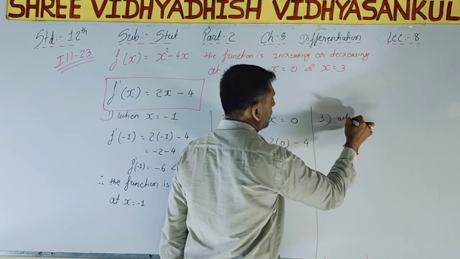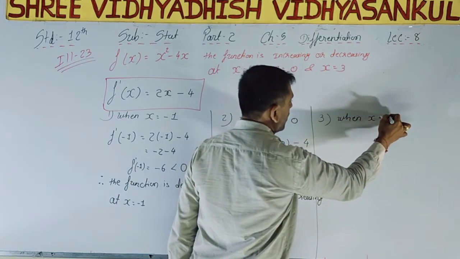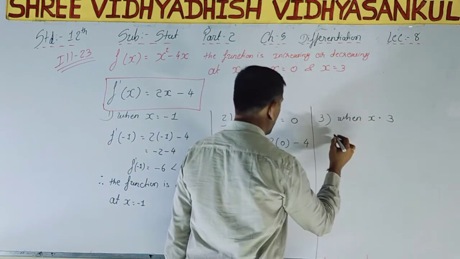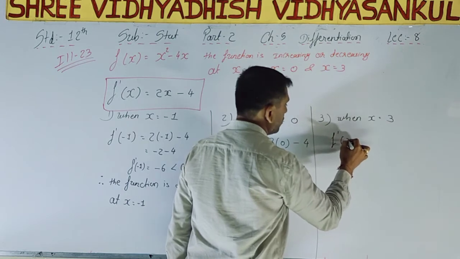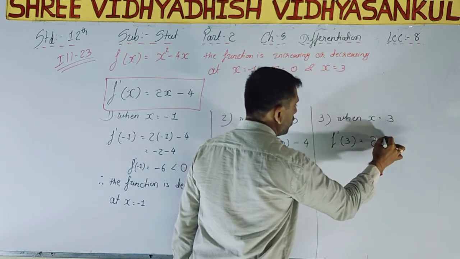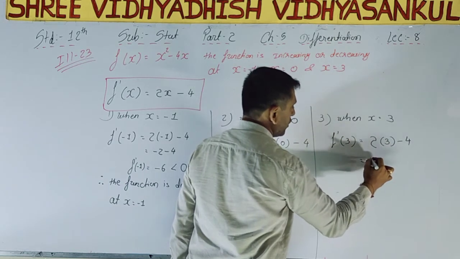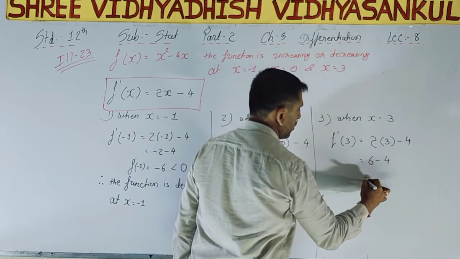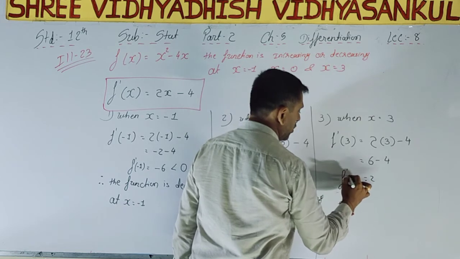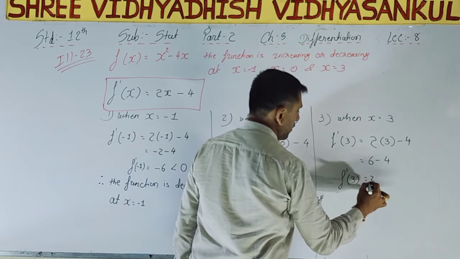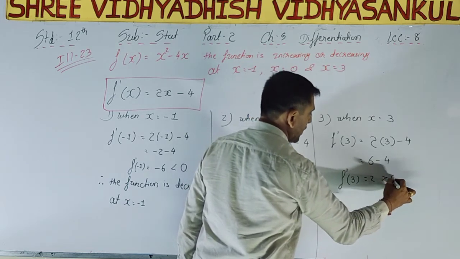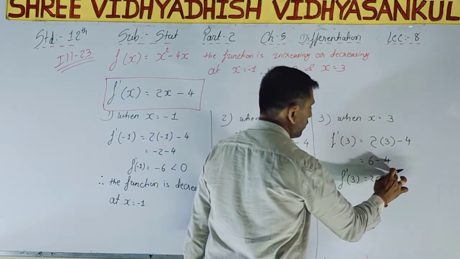When x is equal to 3. So here f dash 3 is equal to 2 into bracket 3 minus 4. So 2 3s are 6 minus 4. The answer is 2. f dash 3 is equal to 2, which is greater than 0.